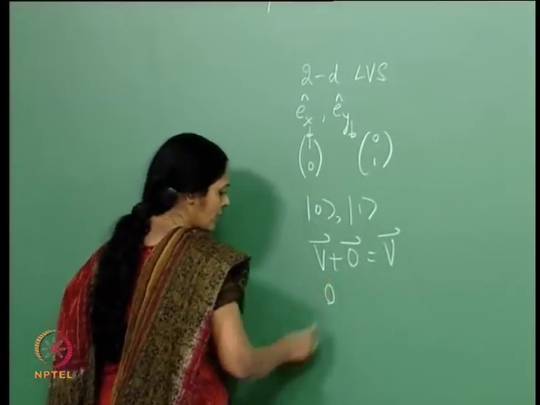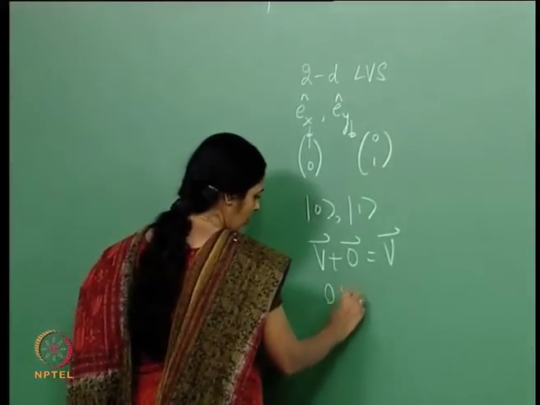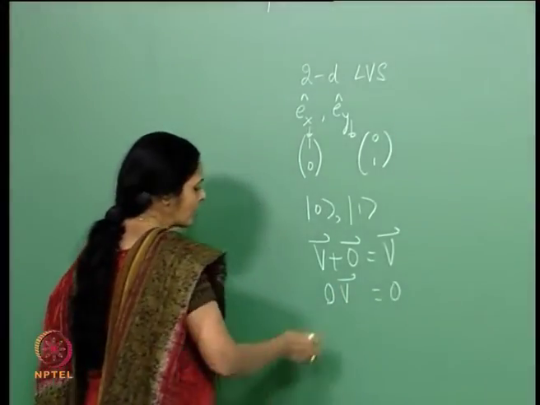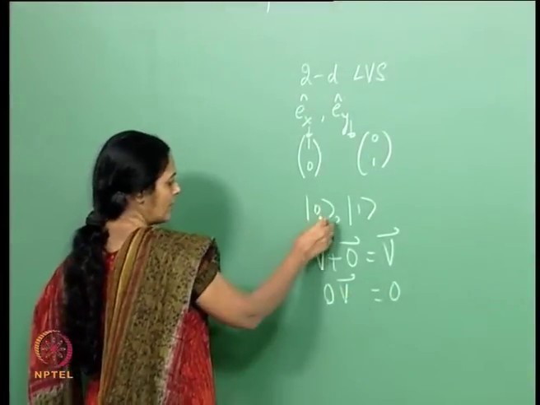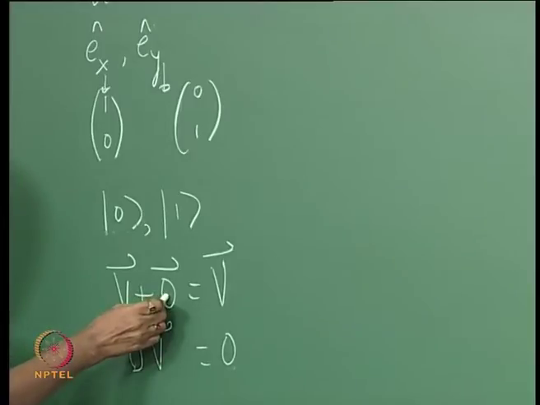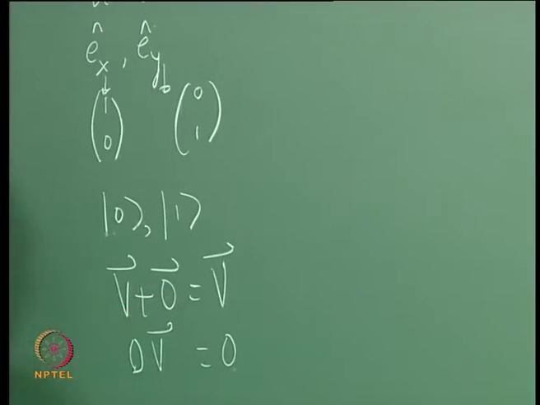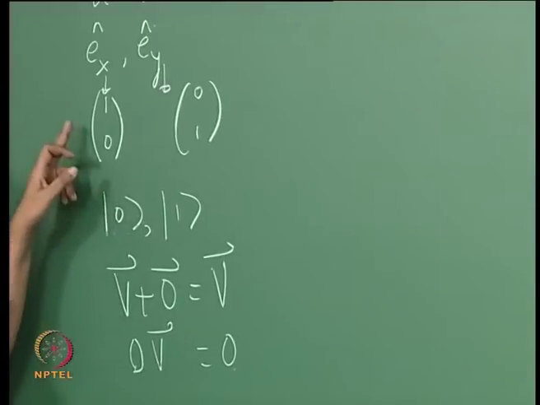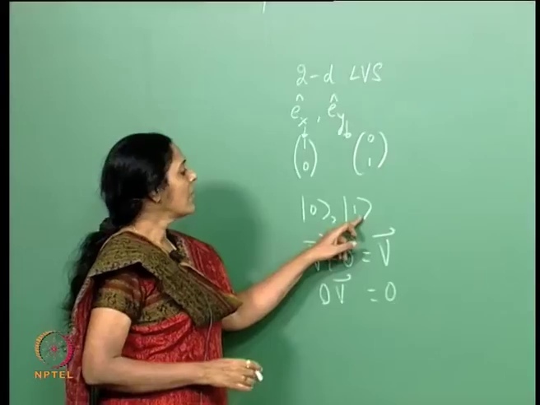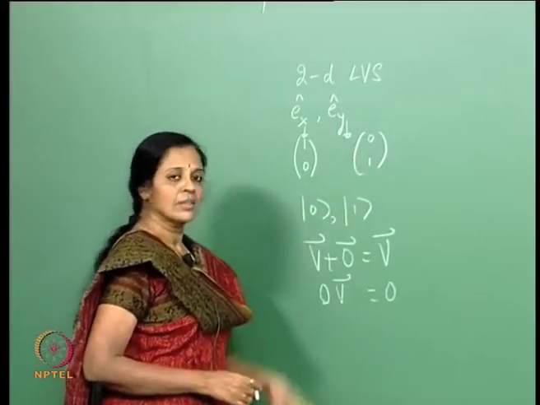I also introduced the scalar, the number 0, which multiplied with any vector in the space gives me the null vector. This ket does not represent the null vector, nor does it represent 0. It is merely a label for a basis vector, and this is another label for this basis vector.